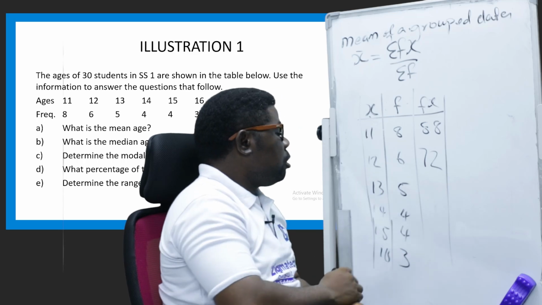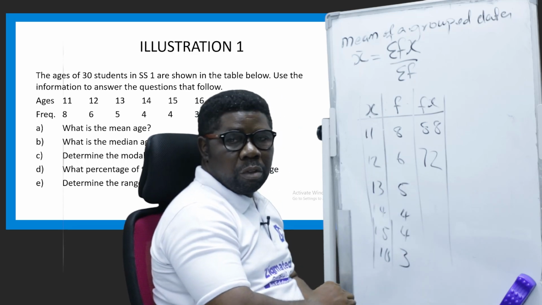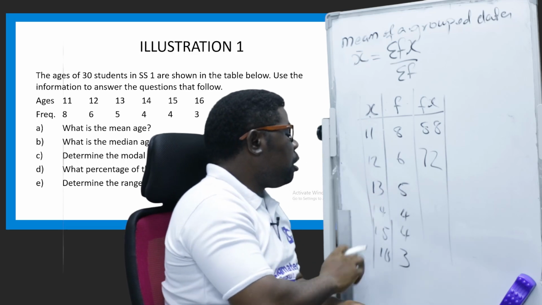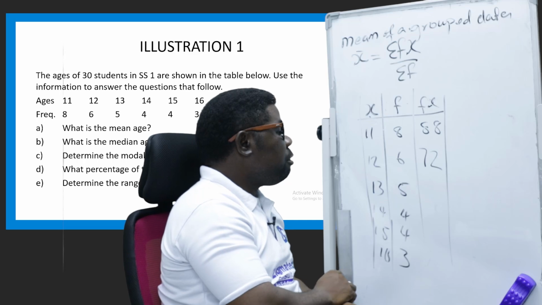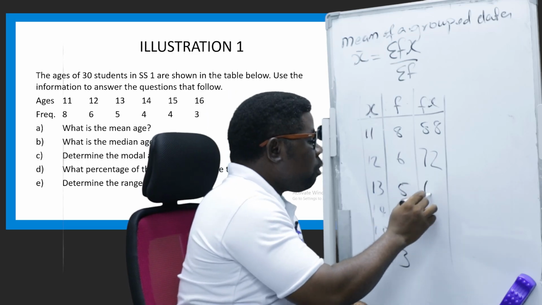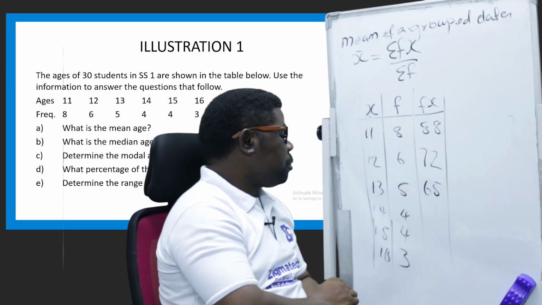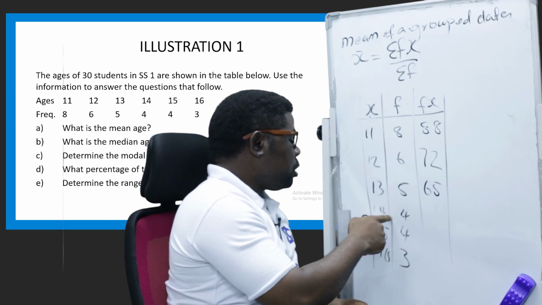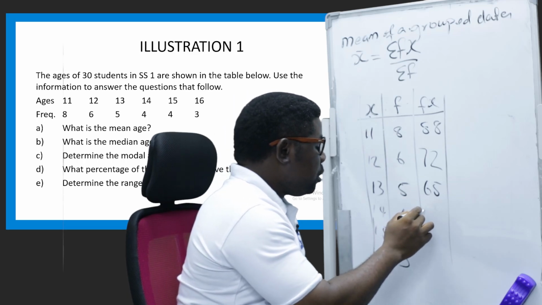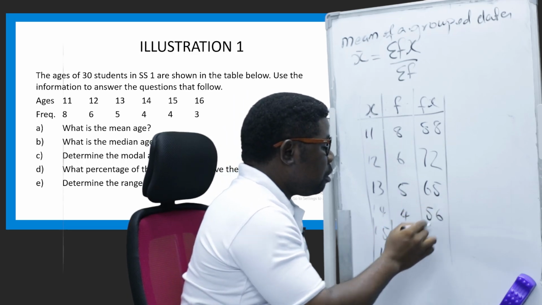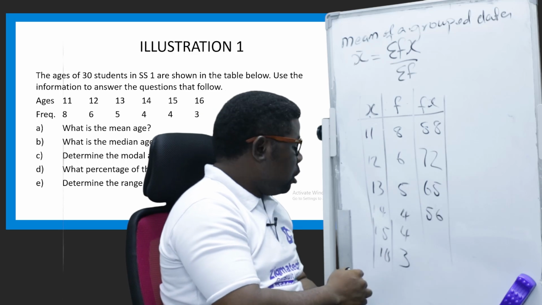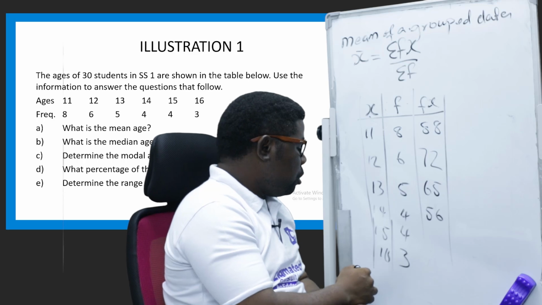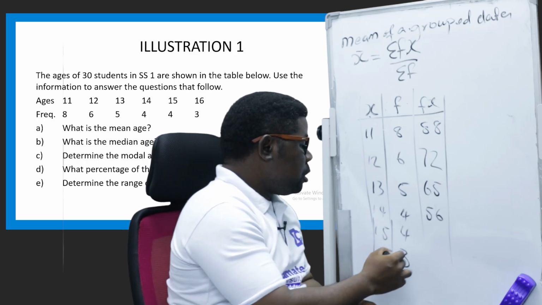13 times 5: 10 times 5 is 50, 3 times 5 is 15, so we have 65. 14 times 4 will give us 40 plus 16, 56. You can cross-check it, right? 15 times 4 will give us 40 plus 20, 60.